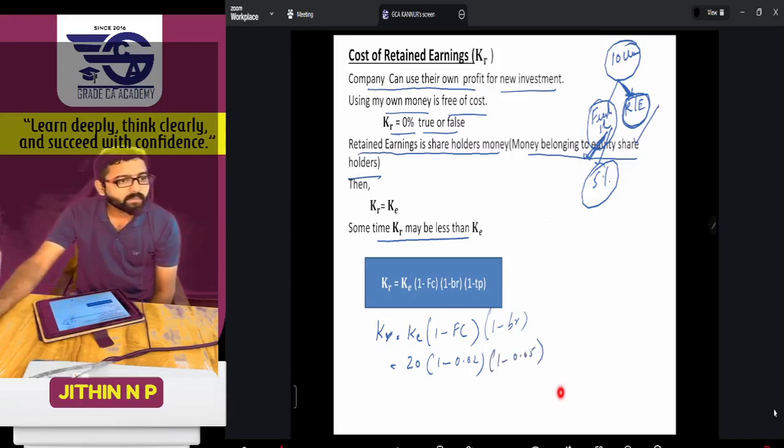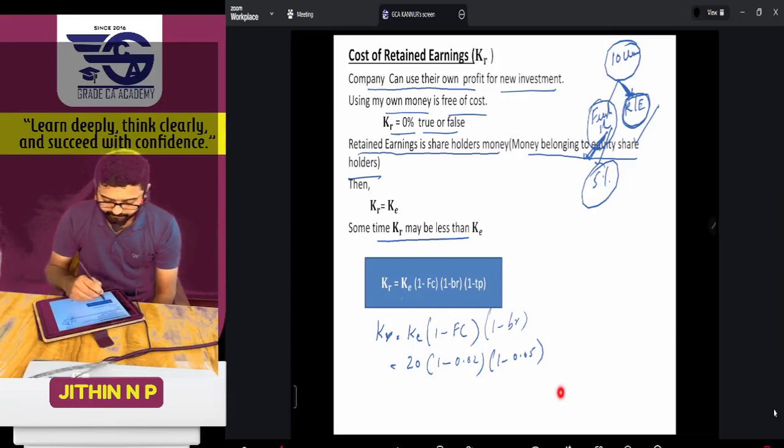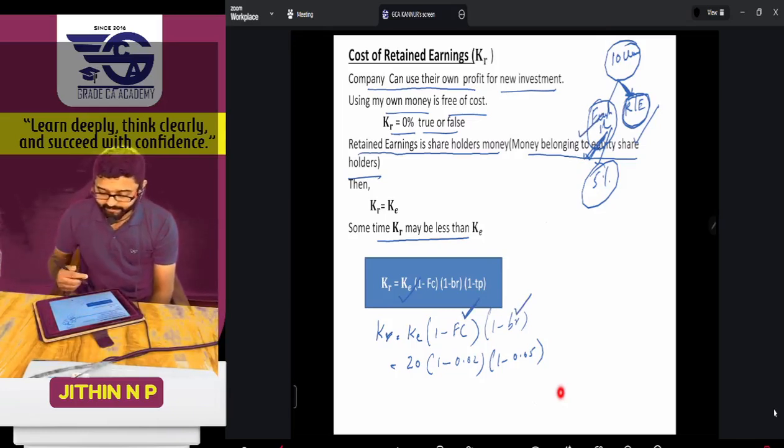Clear? If the company issues fresh shares, it needs to spend flotation cost and brokerage. If the company uses retained earnings, it saves flotation cost and brokerage, hence it will be reduced from the scale.